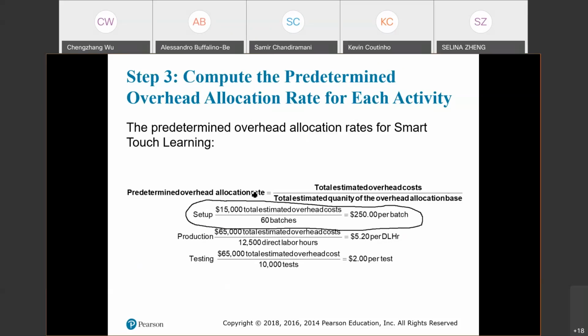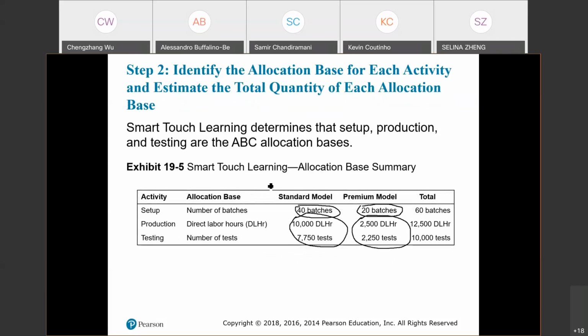For example, for setup, the managers estimate the total overhead to be $15,000. And in the previous step, the managers estimate 40 batches incurred in standard model and 20 batches incurred on premium model.